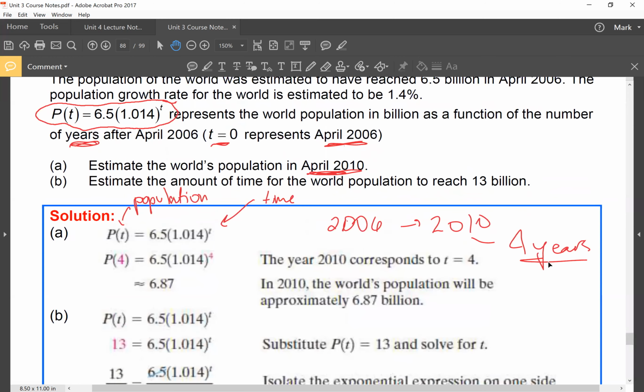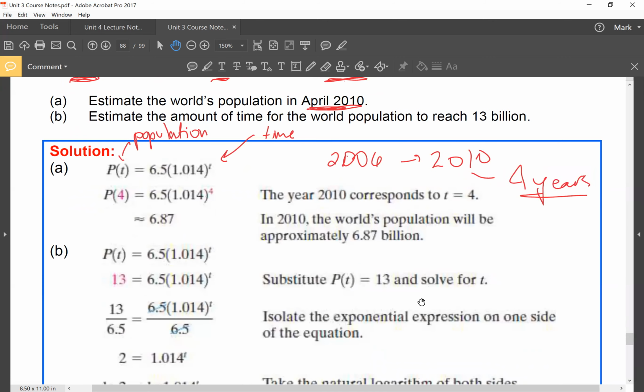So yeah, we start at 2006. You can see the years up above, 2006, and we're going to 2010. Basically 4 years. If you were born April 2006, how old are you in April 2010? You're 4 years old. So all I do is put 4 into my equation. Now you don't have to worry about this 4.